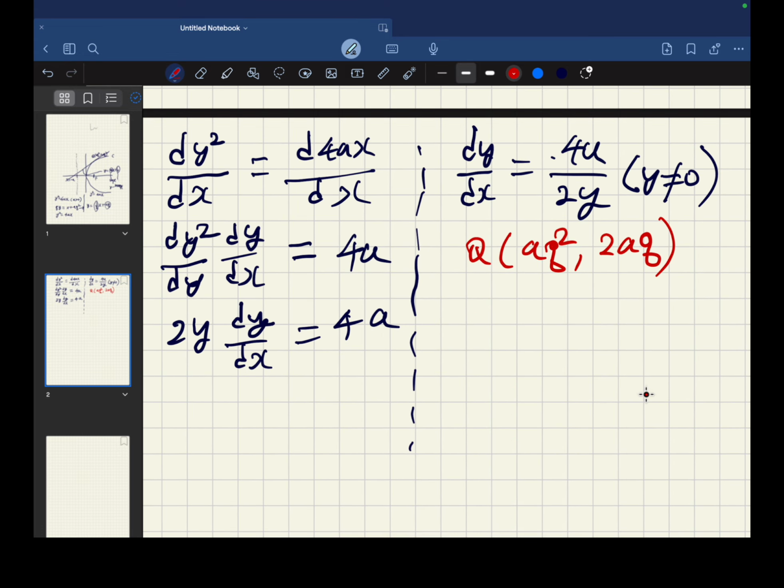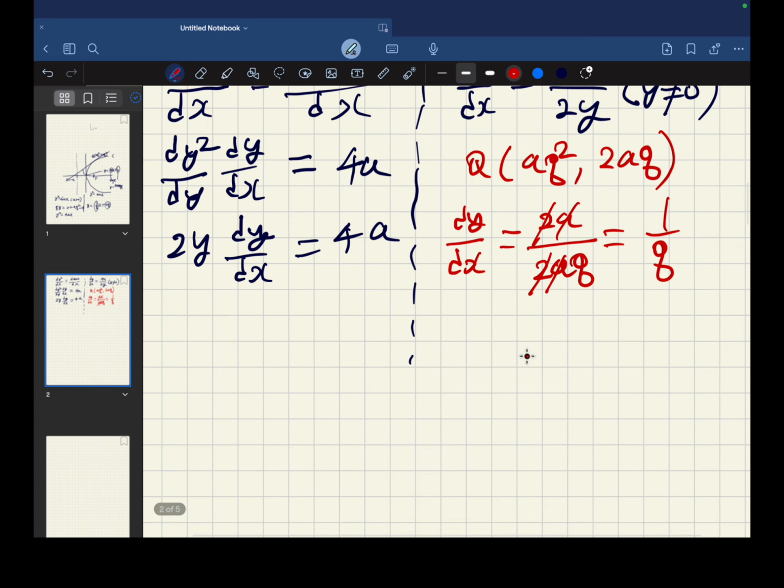Alright, so the slope here would be 2a over 2aq, which is 1 over q. So now we found the slope of this line.